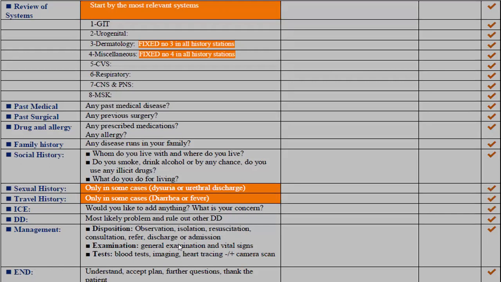It depends on the station. If you feel the patient's complaint is related to the heart, you will examine the heart and do a heart tracing. If you feel the patient has something related to the GIT, then a CT scan. After that, understand, accept the plan, further questions, and so on.